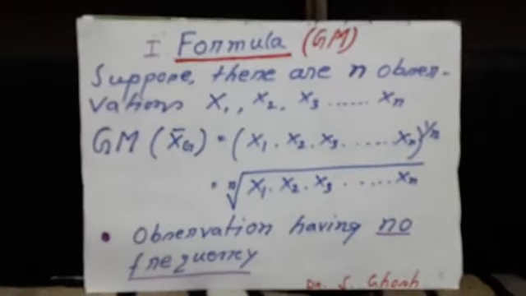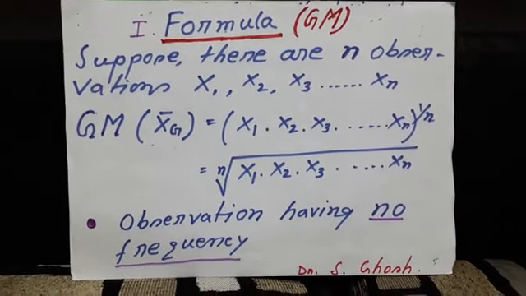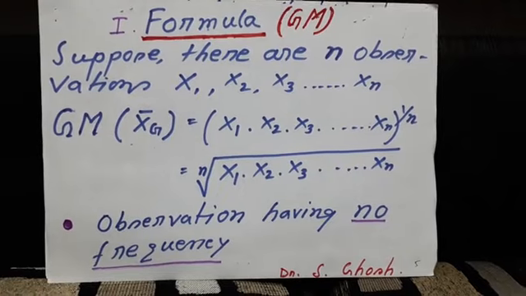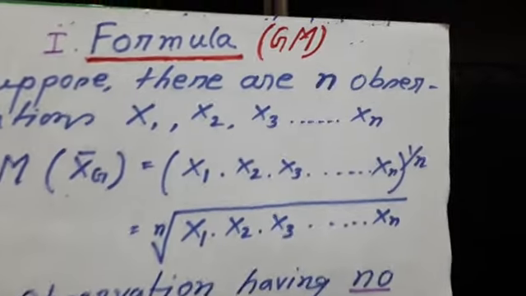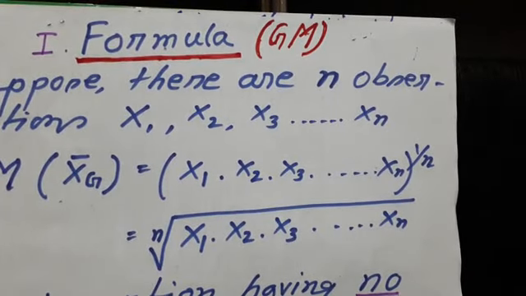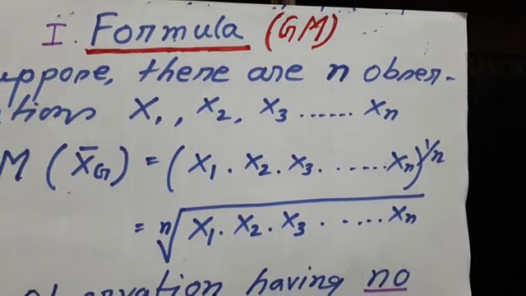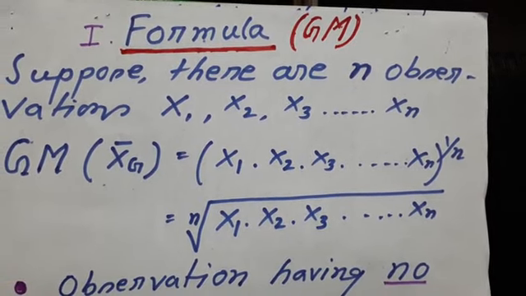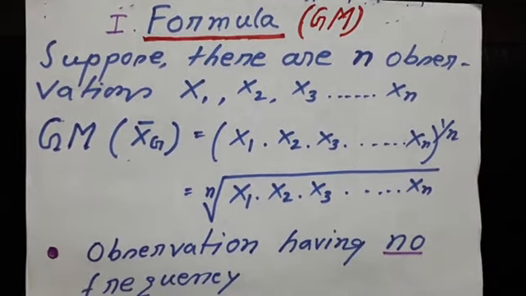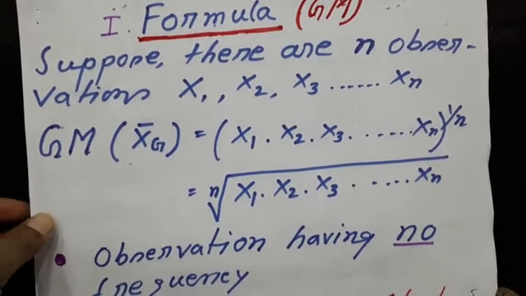So far we have seen that formula x bar g equals nth root of x1 into x2 into x3 dot dot into xn for the observations having no frequency. Now we will understand it by example.